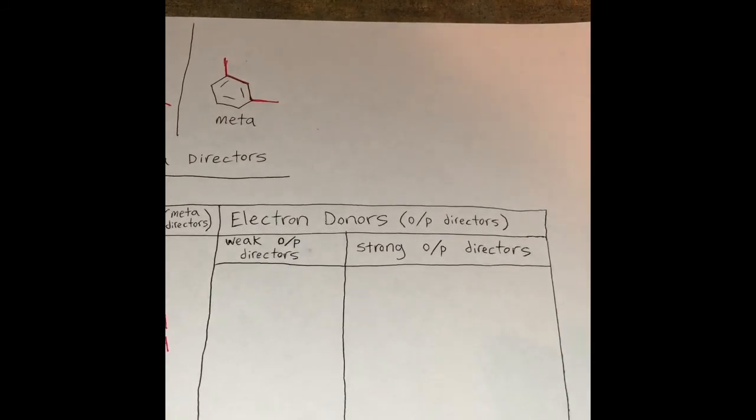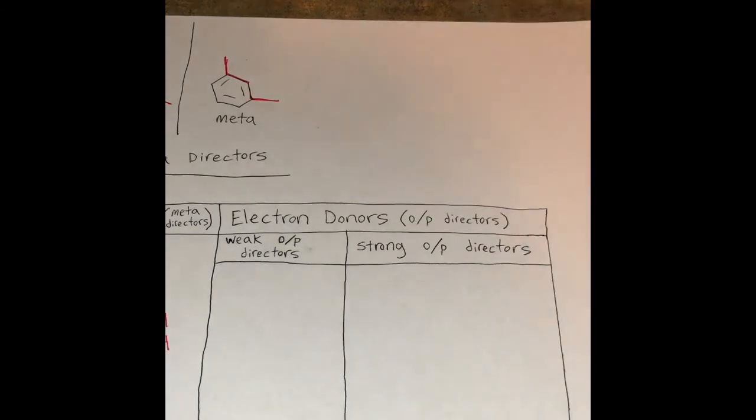Okay, now let's look at the electron donors. So these are ortho-para directors, and then we have two subgroups. So strong ortho-para directors or weak ortho-para directors. I'm going to start with the weak ortho-para directors. These are the halogens.